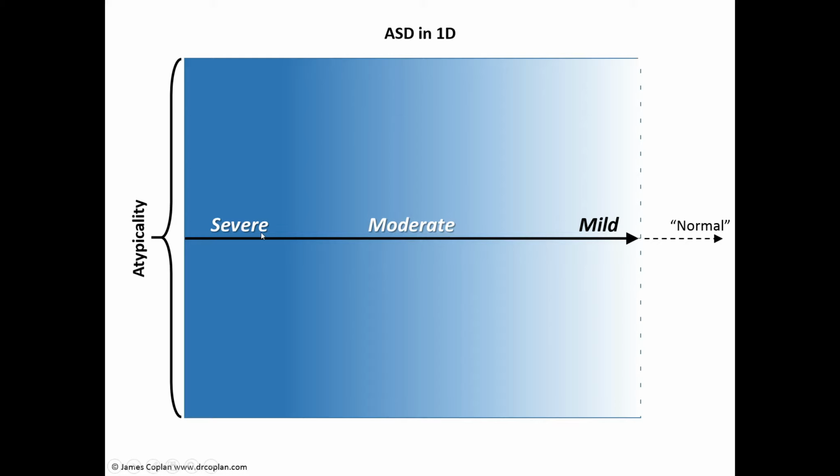This is very straightforward. Those of you with graph anxiety, I'll help you with that. But we can think about this as the x-axis on a graph, severe, moderate, or mild atypicality, and over here the theoretical normal. And remember, there's no sharp boundary here. Mild atypicality just shades over into normal without a sharp boundary.